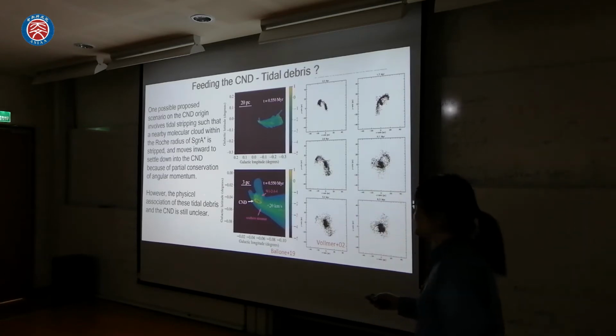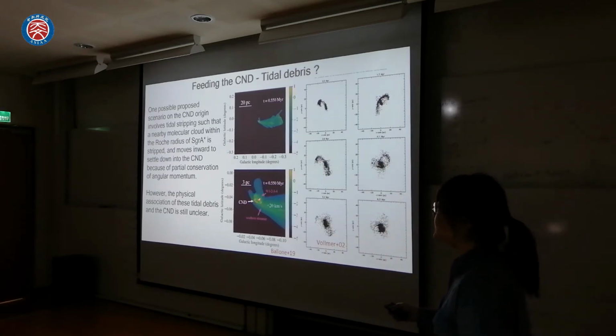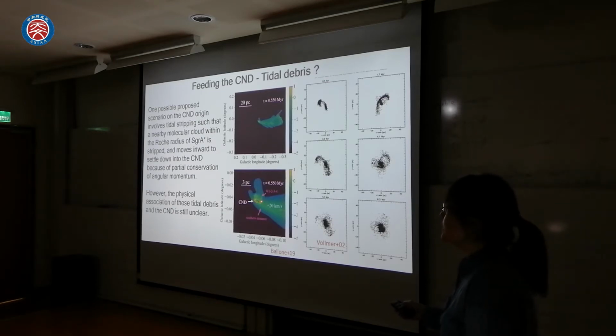But there are tidal debris surrounding these CNDs. So discovering and studying the tidal debris surrounding this torus is an important topic to understand the feeding process, the feeding history of the ring rotating around the supermassive black hole, and to link this ring to the external galaxy.